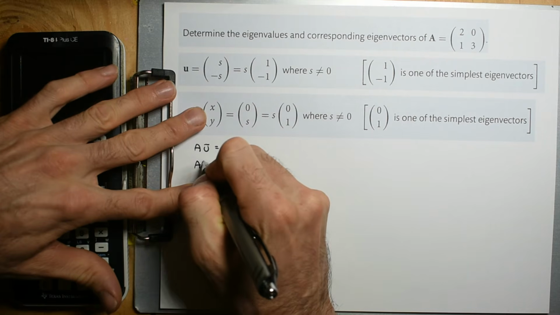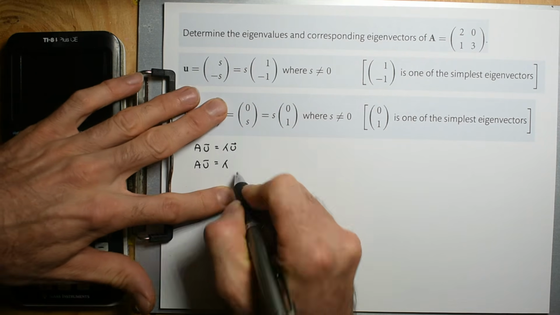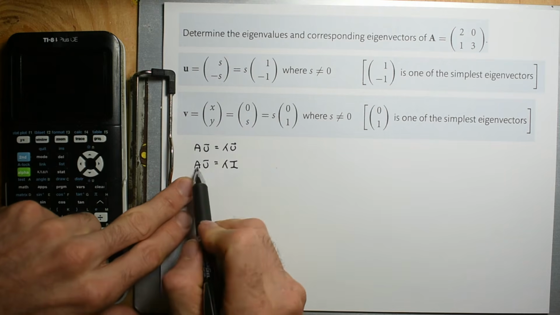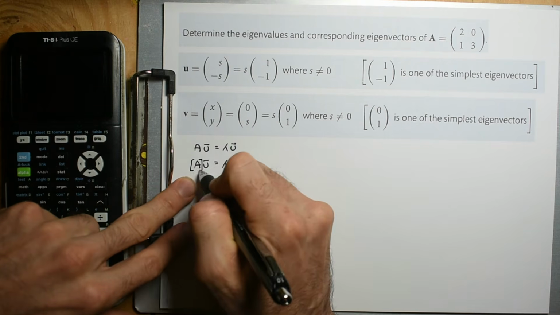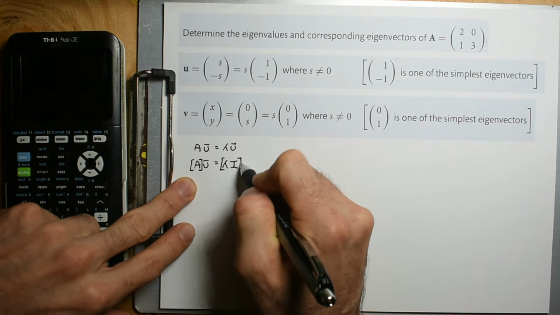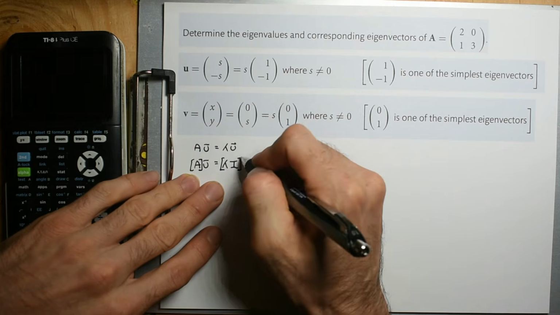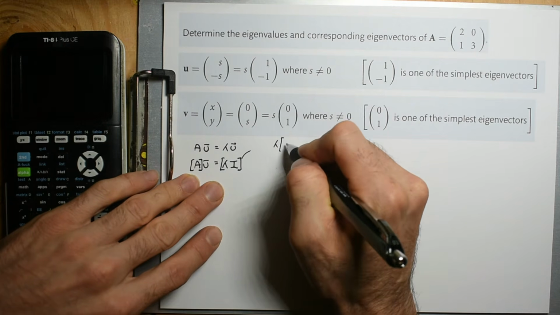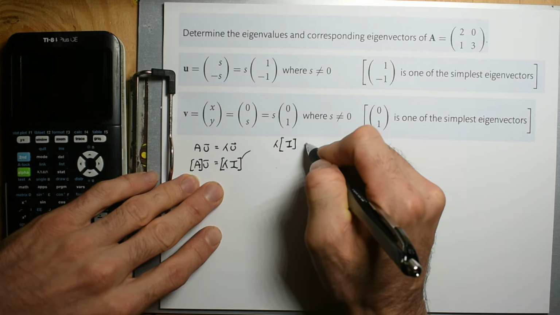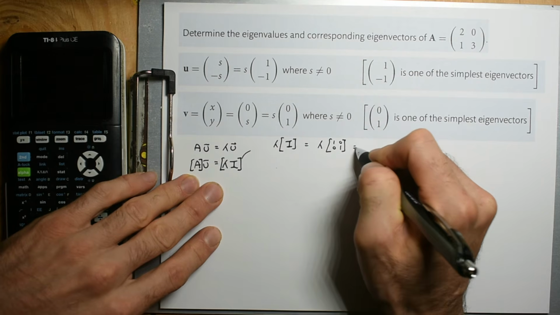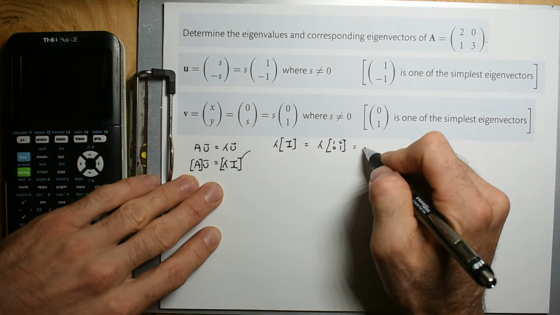The first part is we're going to multiply this scalar times the identity matrix that's the same size as matrix A. So technically this is scalar times I, which for our case is going to look like that. And you can bring that into the matrix.